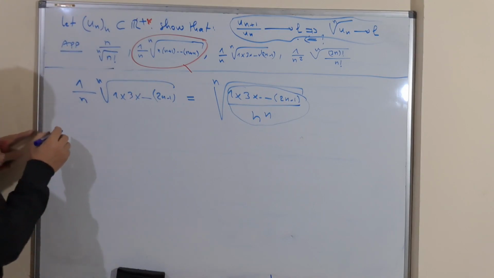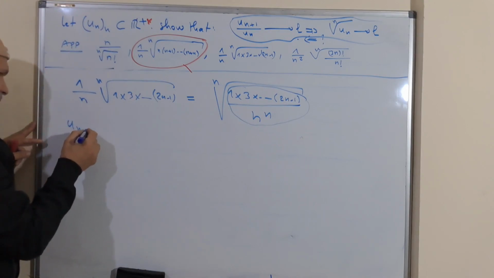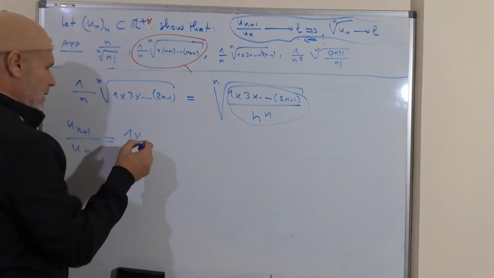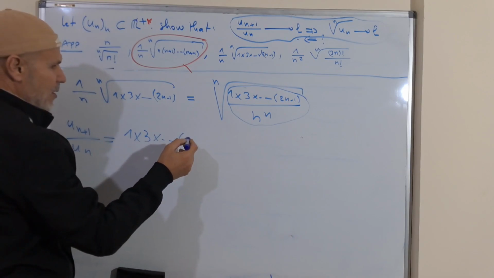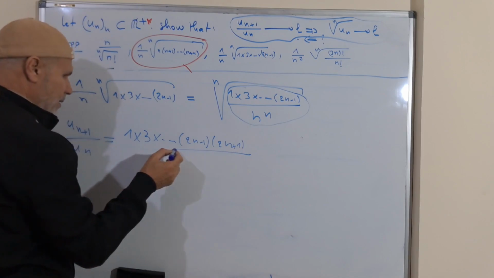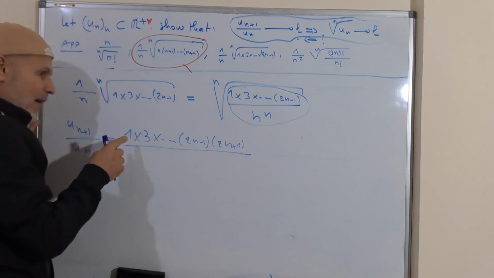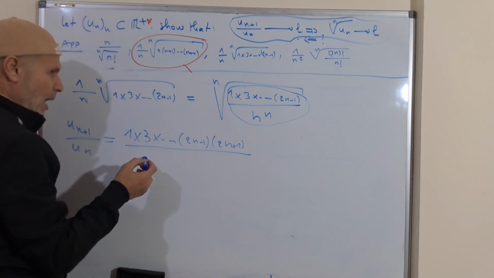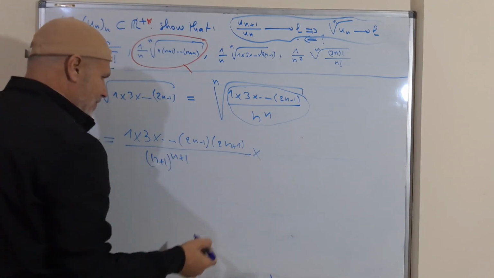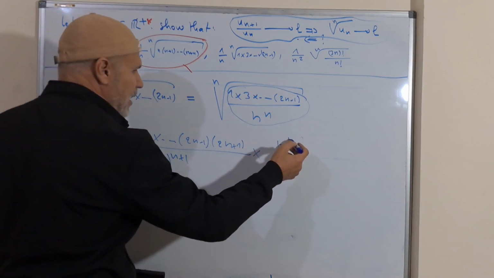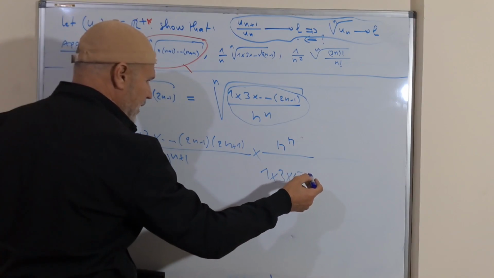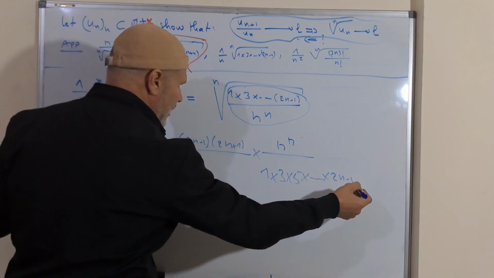What do we have? We have un plus 1 divided by un. This is equal to 1 times 3 times up to 2n minus 1 and 2n plus 1, where we replace n by n plus 1, divided by n plus 1 power n plus 1, times the inverse, n power n divided by 1, 3, 5 up to 2n minus 1.